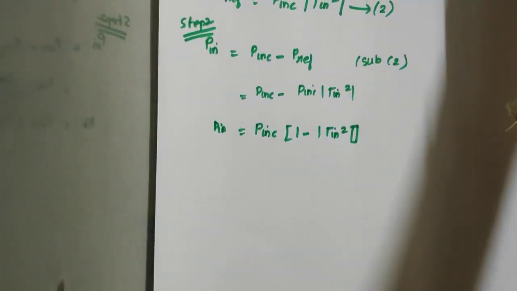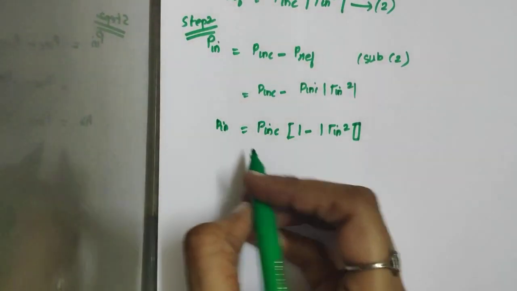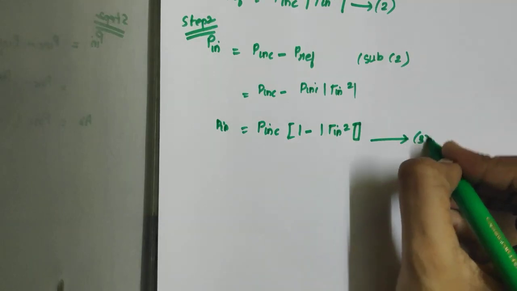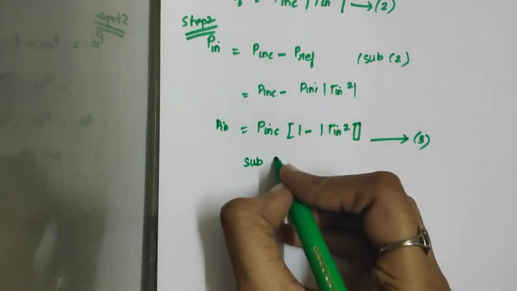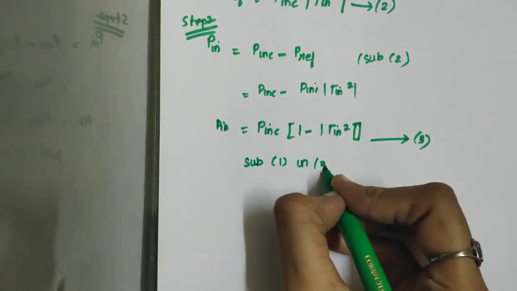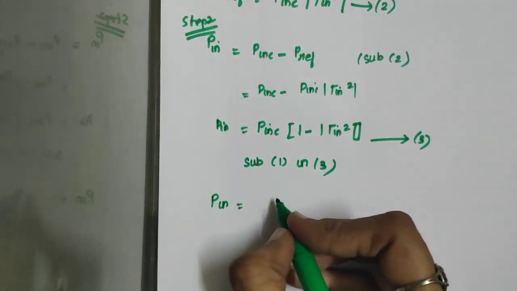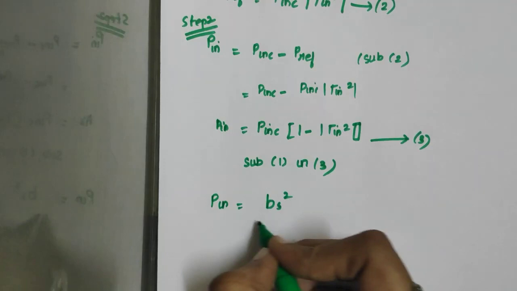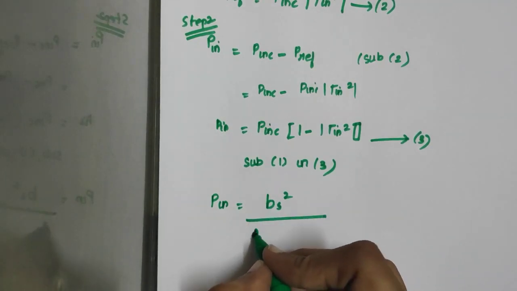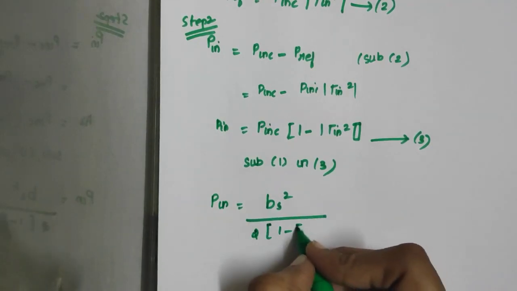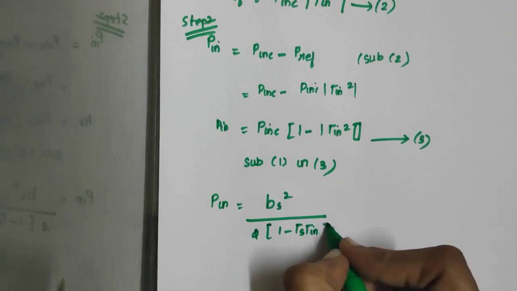Now we know P incident, we already calculated it from equation number 1. So when we substitute, let this be 3. When we substitute 1 in 3, we get P incident is equal to B square divided by 2 into 1 minus tau s tau in the whole square.